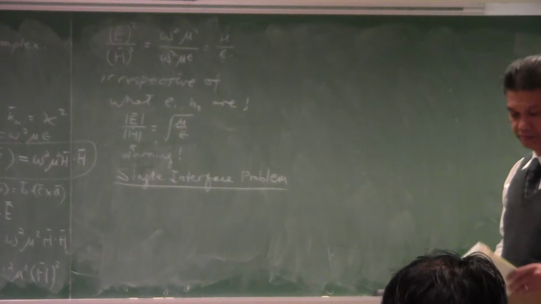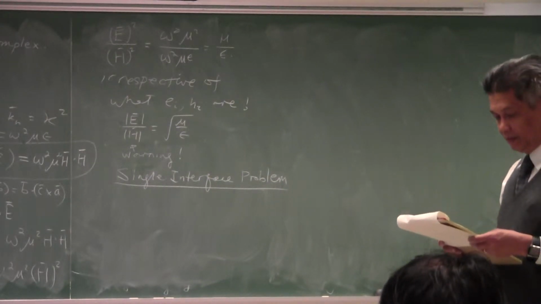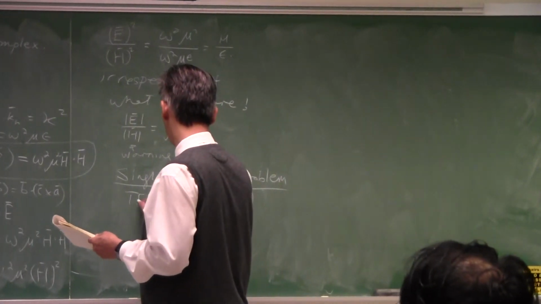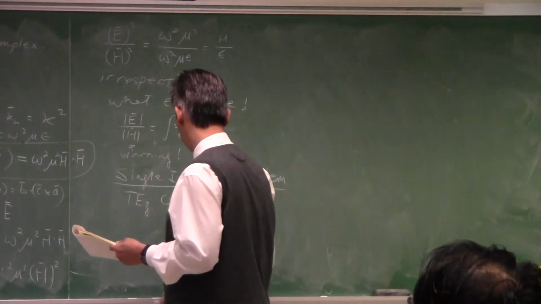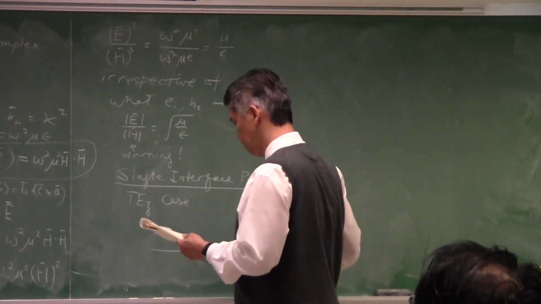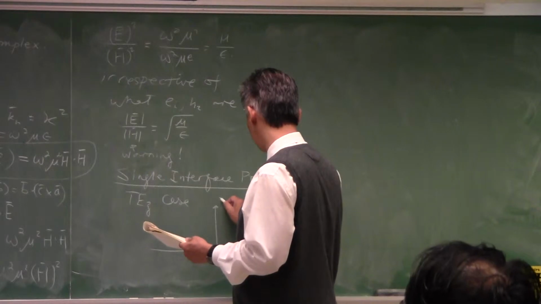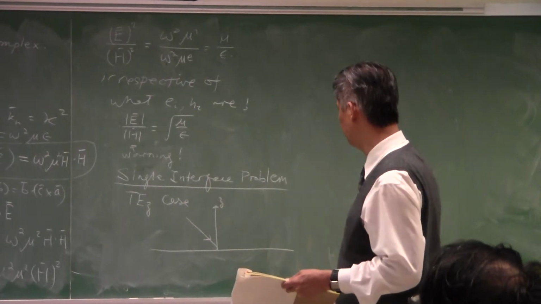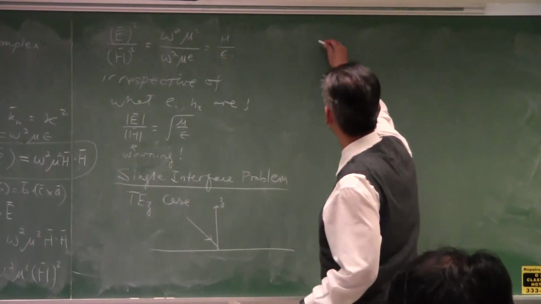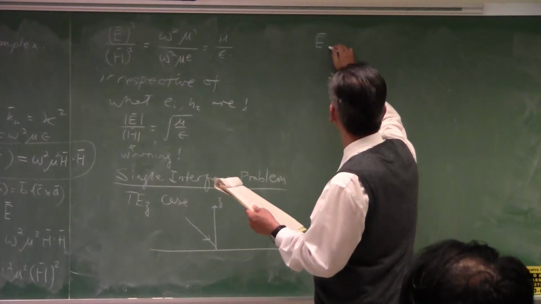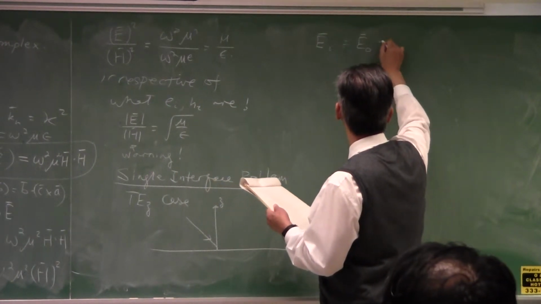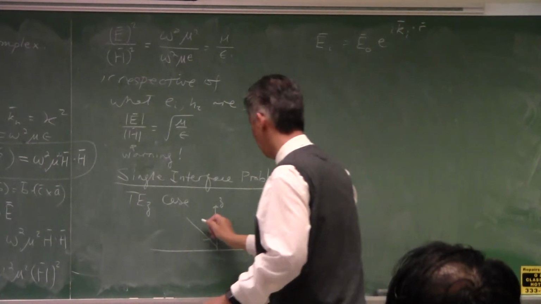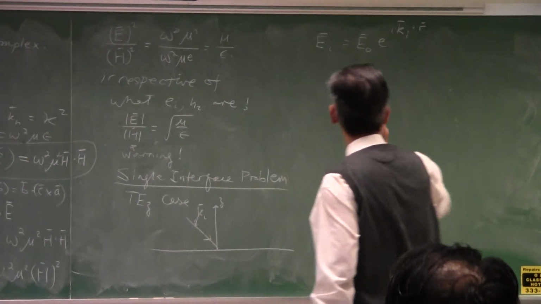Let's look at the TE to Z case, where we assume that we have a single interface, and then there's this Z-axis, and then there's this plane wave coming in, but the E field is such that it's transverse to Z. So the incident field is of the form E naught, e to the i ki dot r, where ki is the incident wave vector.